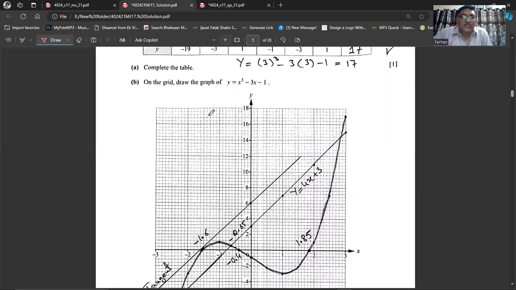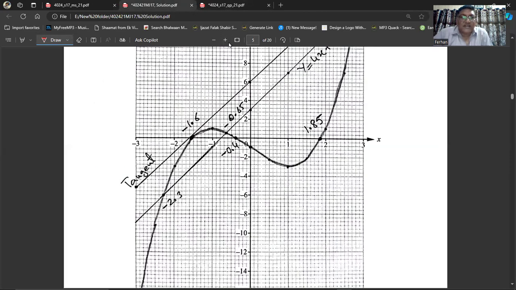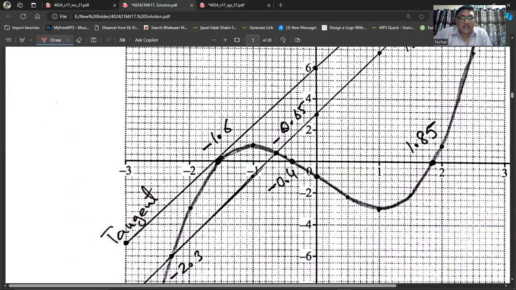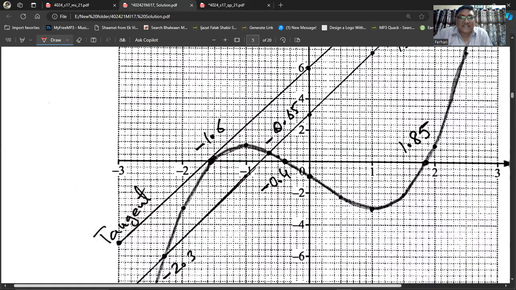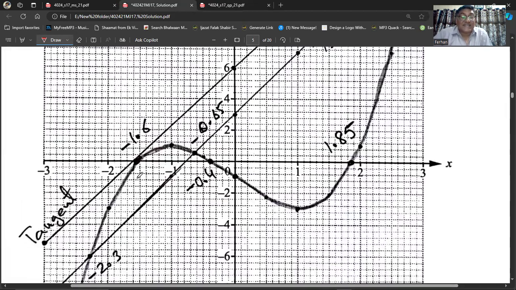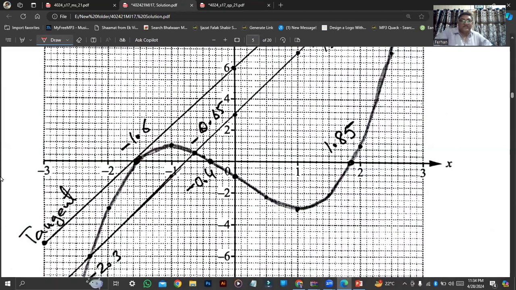So I am going to check the points where the main graph cuts the x-axis, sorry, when the y is 0. Y is 0 is this line. Here it is minus 1.6, here it is minus 0.4, and here the x value when the graph cuts the line y equals 0 is 1.85.